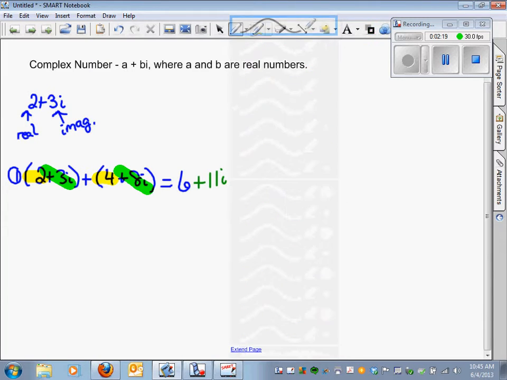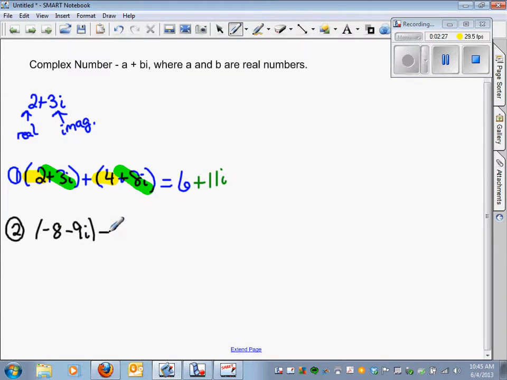A second example, say we have -8 minus 9i, and we want to subtract 2 minus 3i. The first thing I would do is keep in mind that we have subtraction here. So that means we want to subtract the entire complex number behind that.